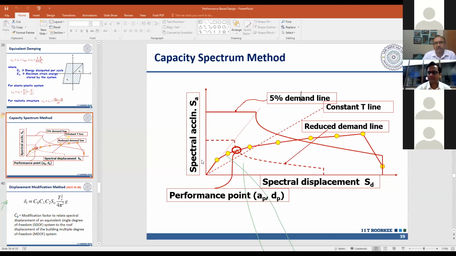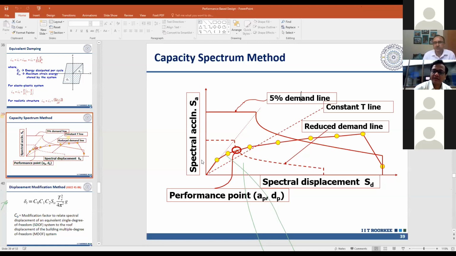So we will have translation as well as torsion, and due to that, some of the columns in the extreme frame will be subjected to larger displacements and larger inelastic deformations, and there the performance levels will be reached earlier. In other words, the performance level will be achieved at a lower intensity of earthquake, so the performance will deteriorate.